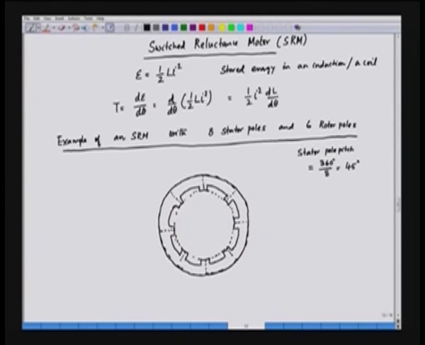Now, let us come to the rotor. The rotor has 6 poles. 6 poles means the pole pitch is 360 by 6. So, the rotor pole pitch here is equal to 360 by 6, that is 60 degrees. So, let us try to draw the rotor poles.